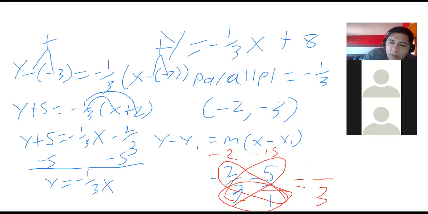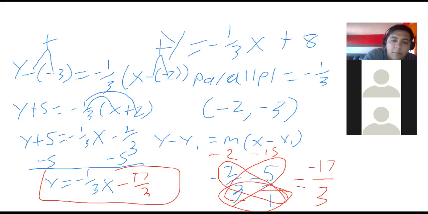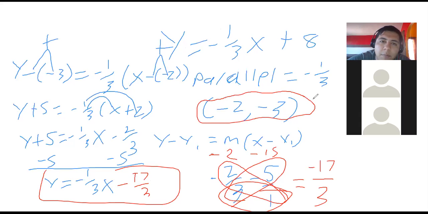So this ends up being about negative 17 over 3. So negative 17 over 3. Okay. And now this is a line that is parallel to our original line, and it goes through the points negative 2 and negative 3. All right.